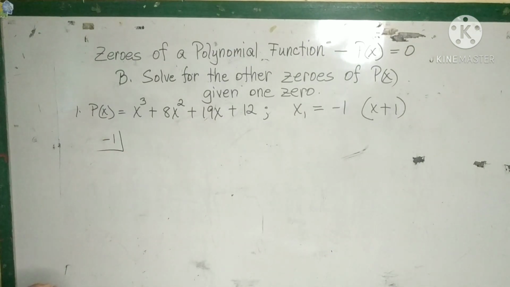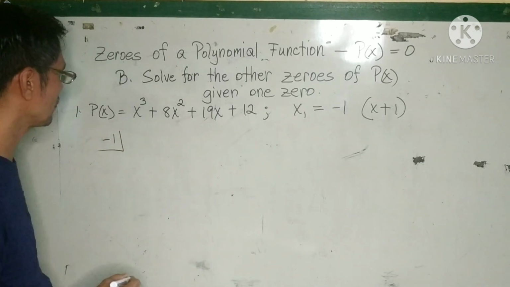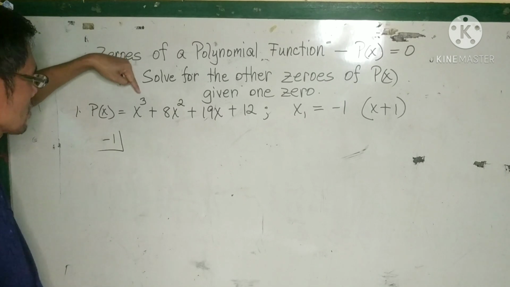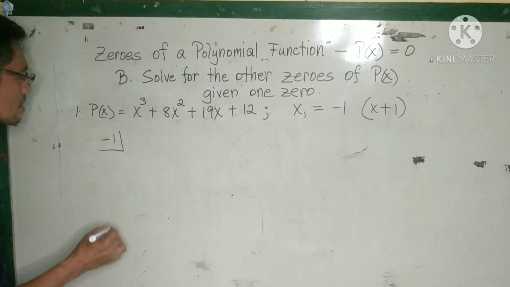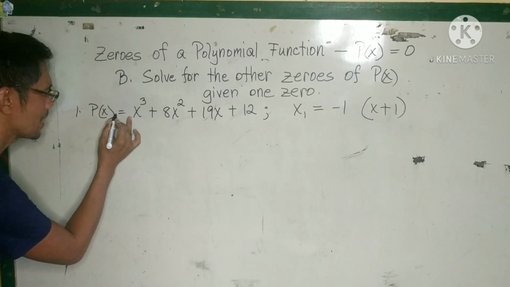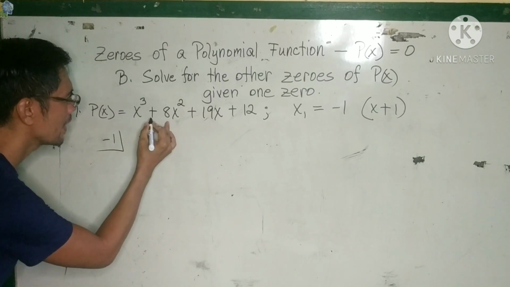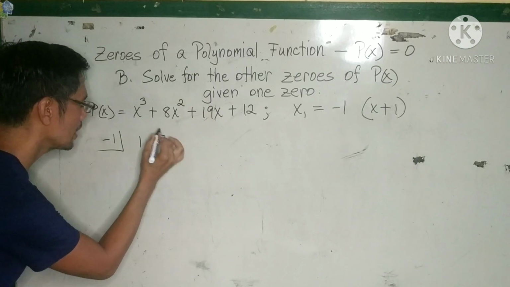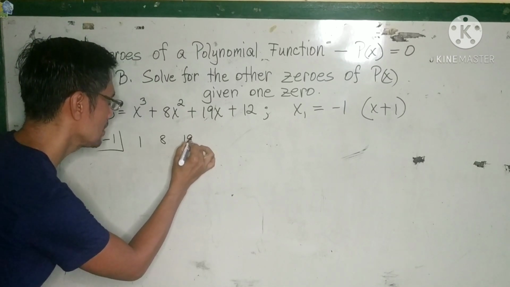Applying now your synthetic division, consider the numerical coefficients. So no problem, it's complete: degree 3, 2, 1, then your constant term. The numerical coefficient of the leading term is 1. Next term is 8. Then next term is 19.